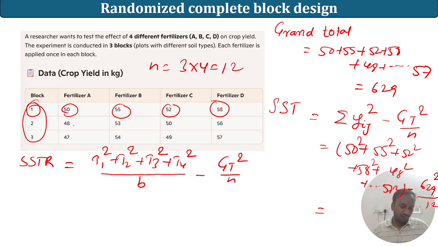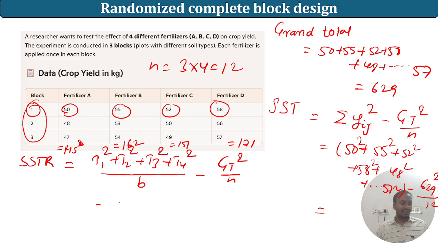The summation 50 plus 48 plus 47 is 145. Then 55, 54, 53 gives 162. Then 50, 50, 51 gives 151. And the last gives 171.